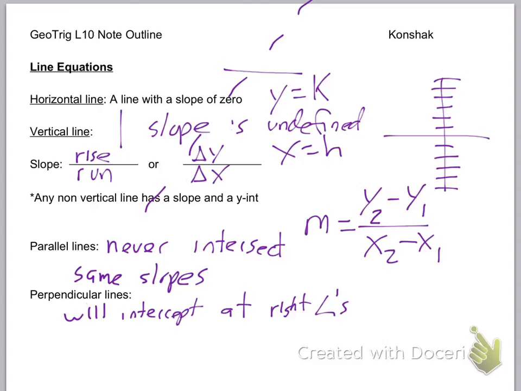What kind of slopes do they have? Recall from your memory. They're opposites, yes, but more than that.